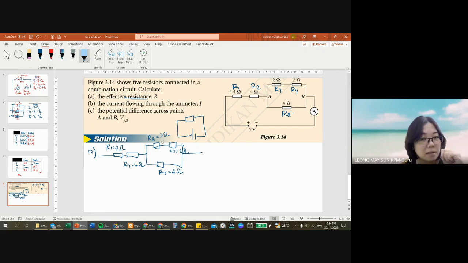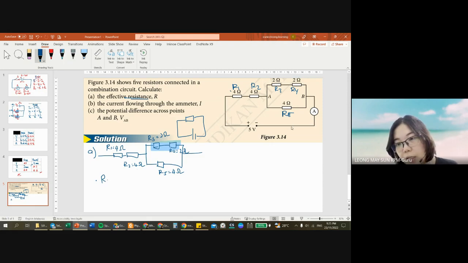To put R3 and R4 in parallel with R5, you have to join these two resistors first, from 2 resistors into 1. So my first step is to join R3 and R4.